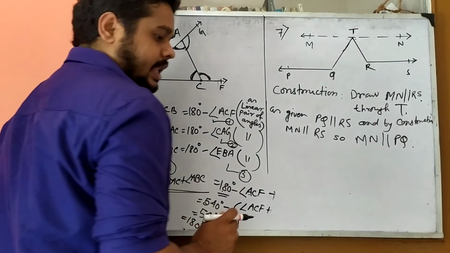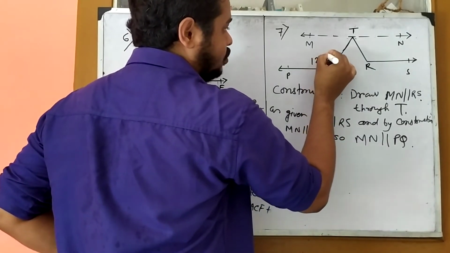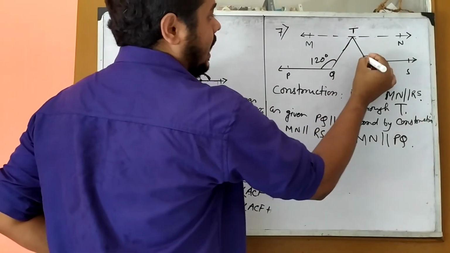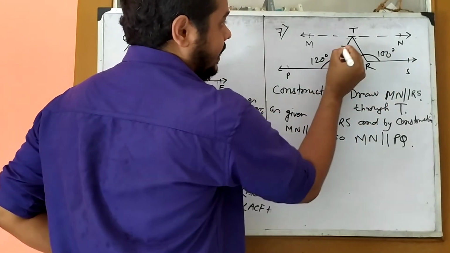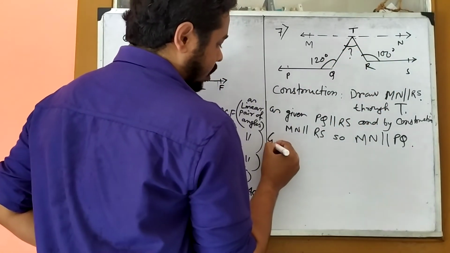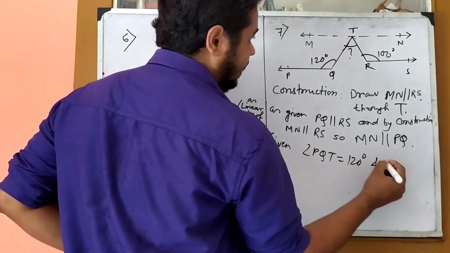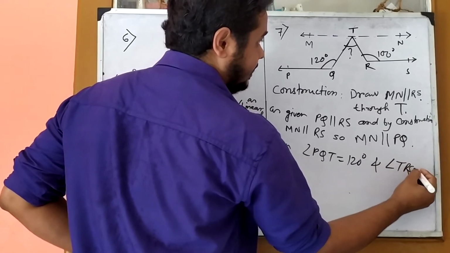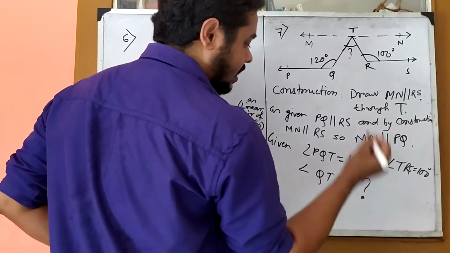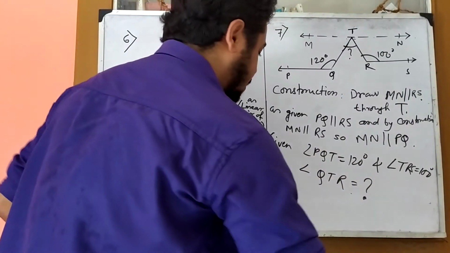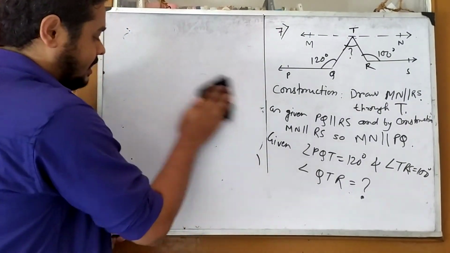Also given, angle PQT is 120 degrees and angle TRS is 100 degrees. We have to find the value of angle QTR. Clear?